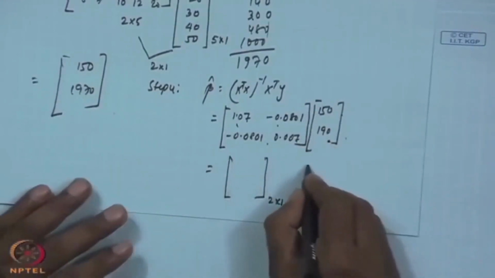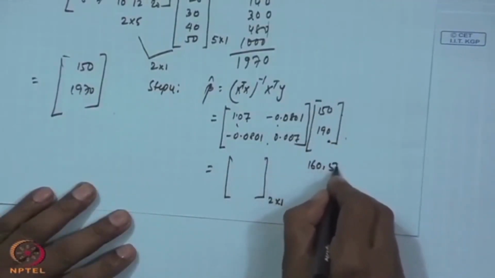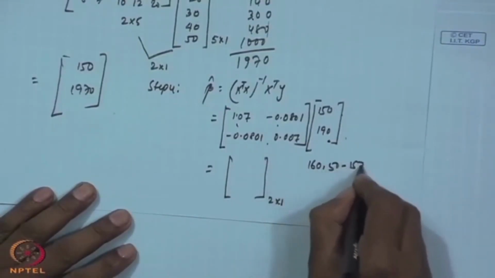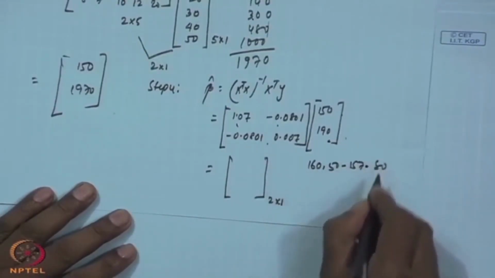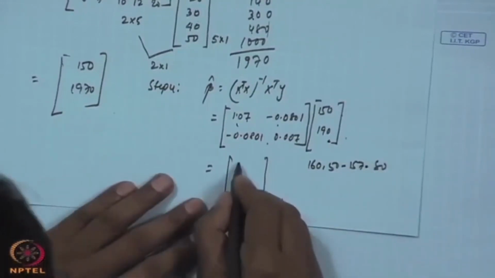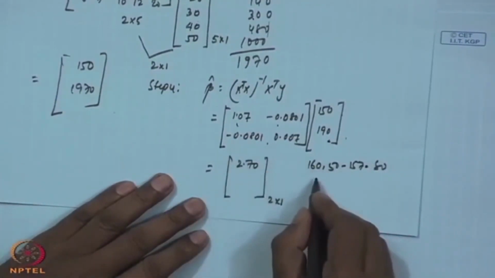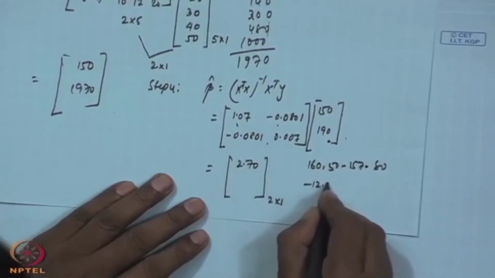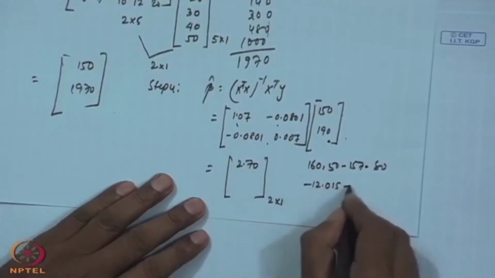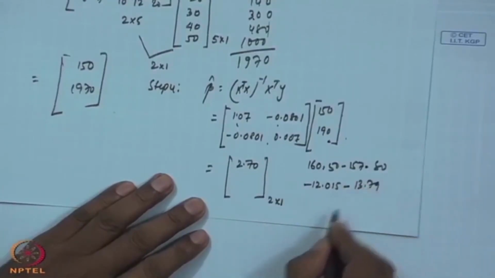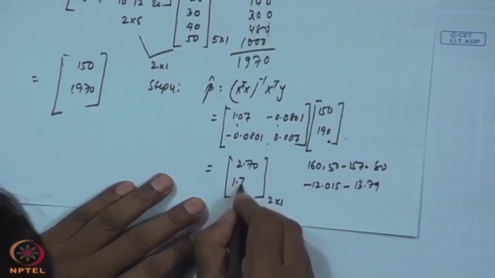The quantity will become like this, 160.50 minus 157.80, and it will become 2.70. Similarly, other one will become minus 12.015 minus 13.79. The resultant quantity will be 1.775.